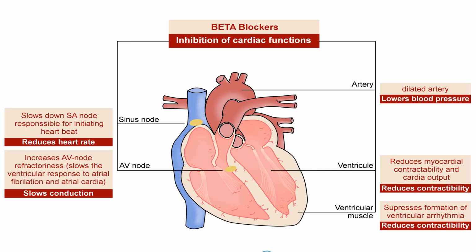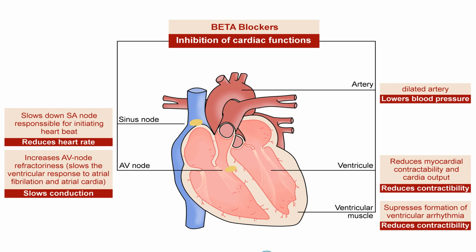Here, at different levels, you can see what beta blockers are doing. They are inhibiting some cardiac functions. At the level of the SA node, they slow down the SA node responsible for initiating the heartbeat, so ultimately reducing heart rate. They increase AV node refractoriness, slowing the ventricular response to atrial fibrillation and atrial tachycardia, so ultimately slowing the conduction.